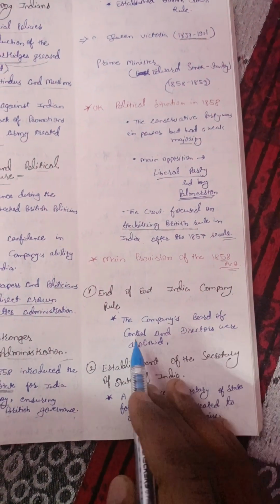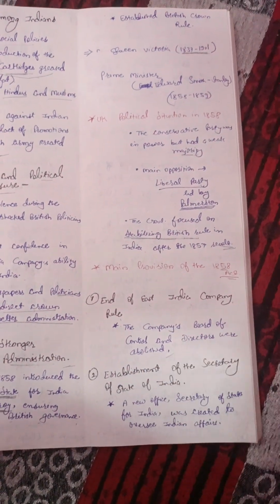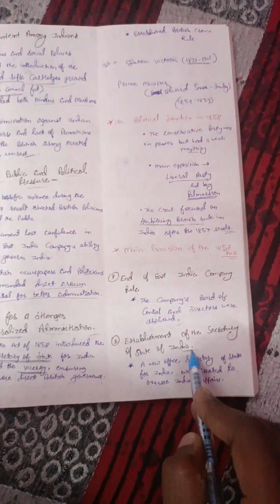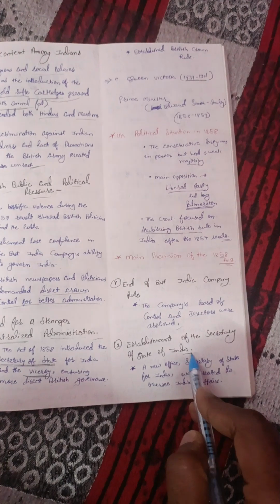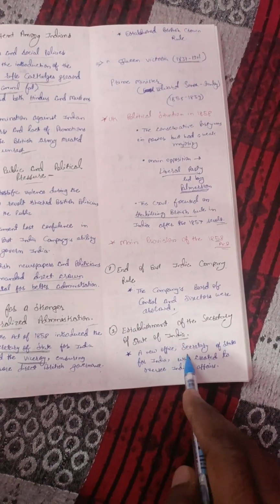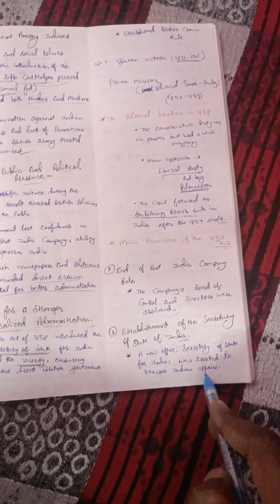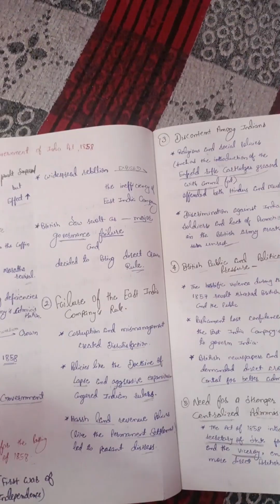So the Company's Board of Control and the Directors were abolished, and the office of Secretary of State for India, which we have seen now, was created to oversee Indian affairs.